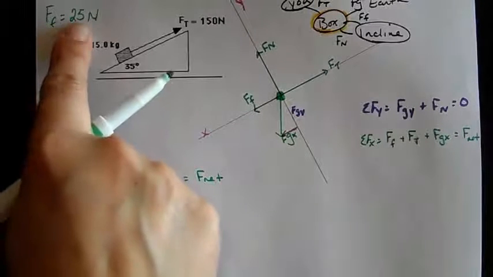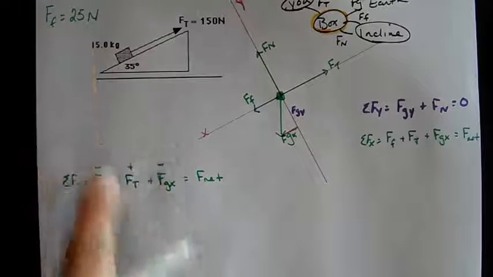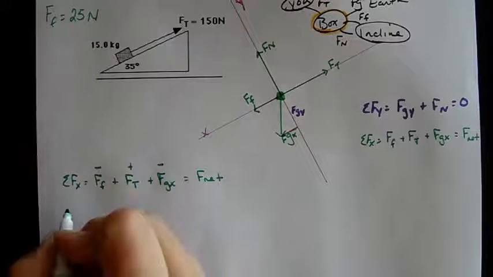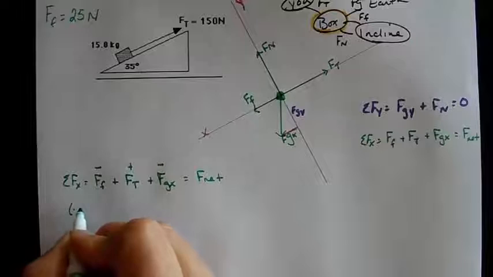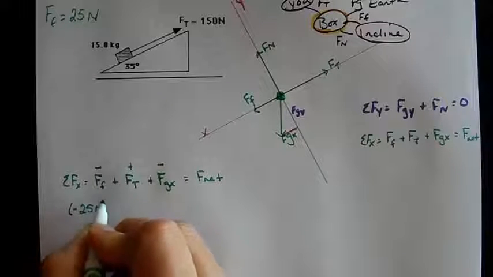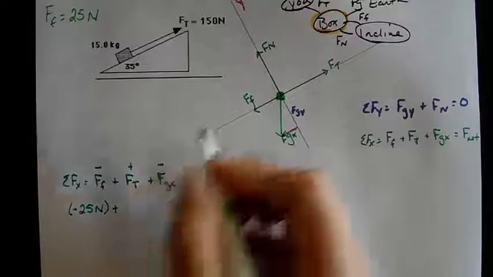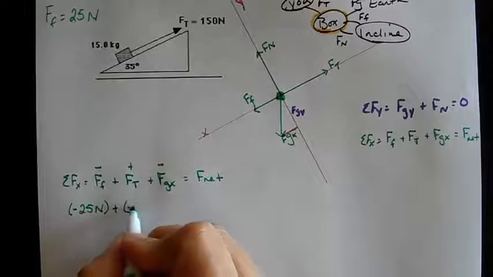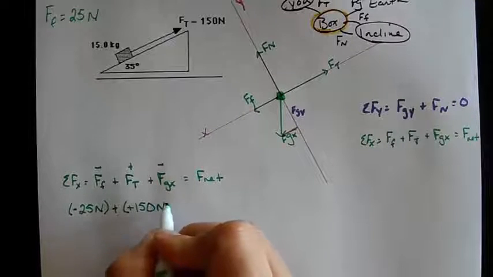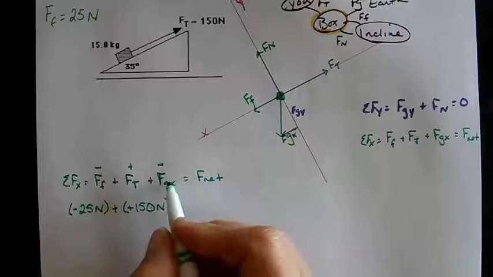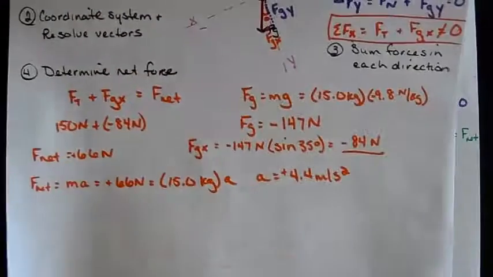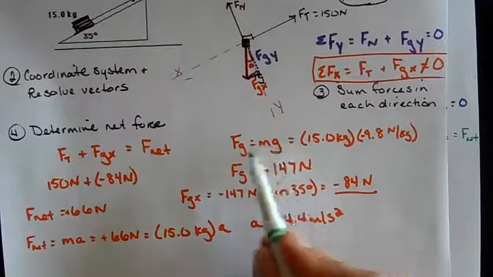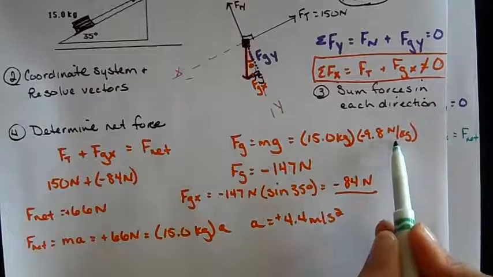So our friction force was 25 newtons, and that's just the magnitude. We know our direction is negative, so our friction force is a negative 25 newtons. We're going to add our tension force of a positive 150 newtons. And then over here we found our force of gravity. You don't necessarily have to do that again. It's going to be the same because it has the same mass.